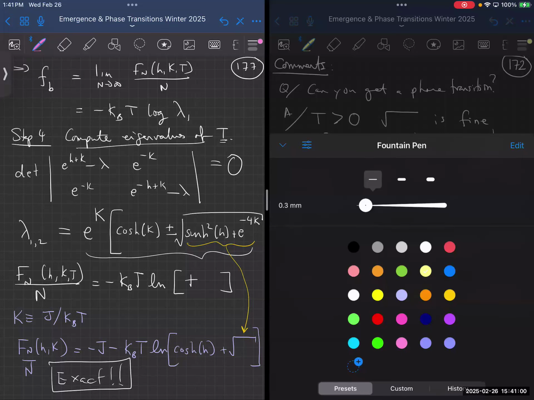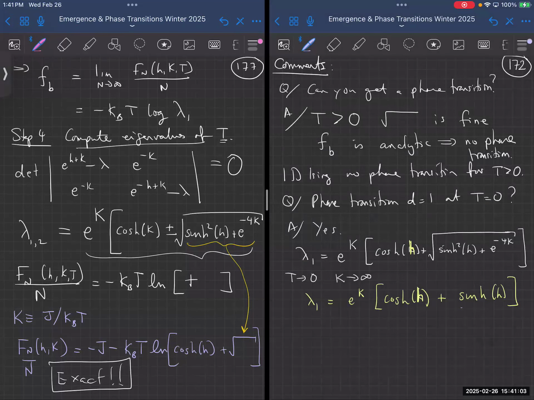Except it's not. What is the square root of sine squared h? Yes, exactly. So the correct answer is lambda 1 is e to the k times cosh h plus the absolute value of sine h.